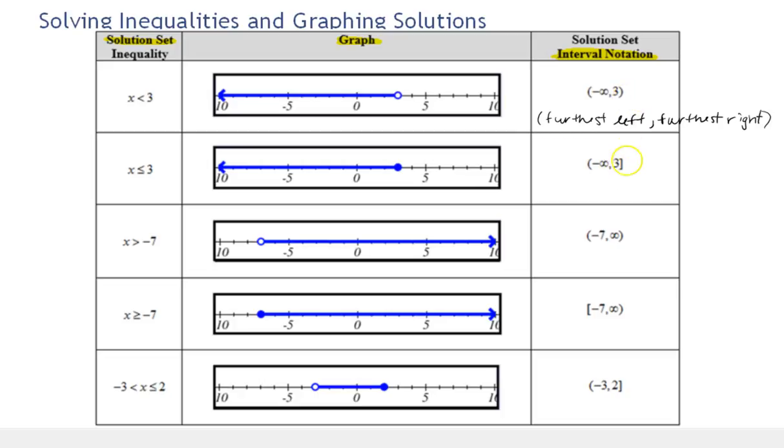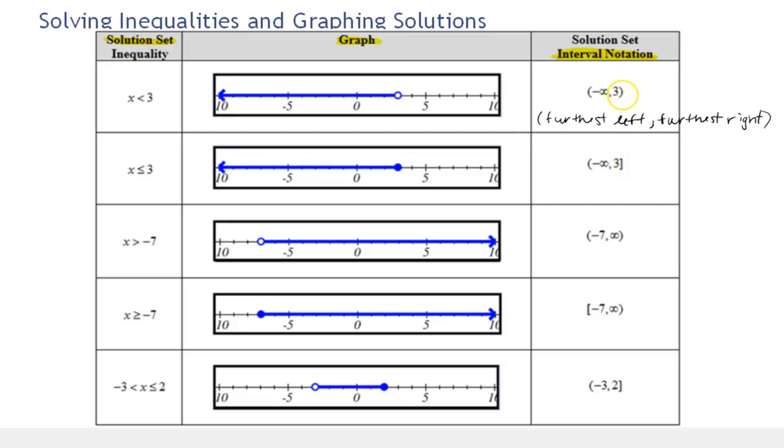Notice that's a square bracket. It's sharp instead of smooth. For negative infinity or infinity, we always use a parenthesis. And if we can include the value, such as here, less than or equal to, we fill in that circle on the graph, and in the interval notation, we use a bracket.